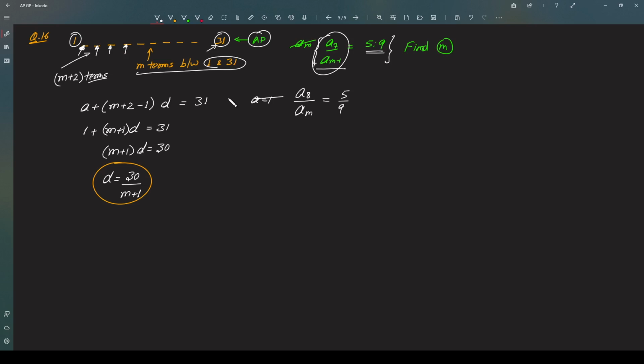So that means the m minus 1th number will actually be the mth term of the series.